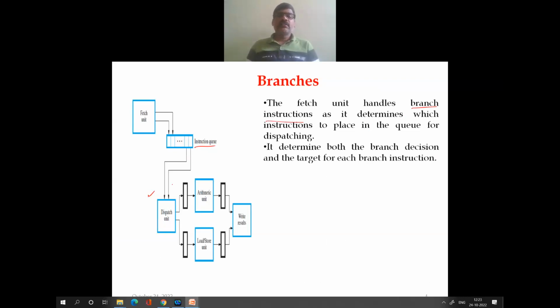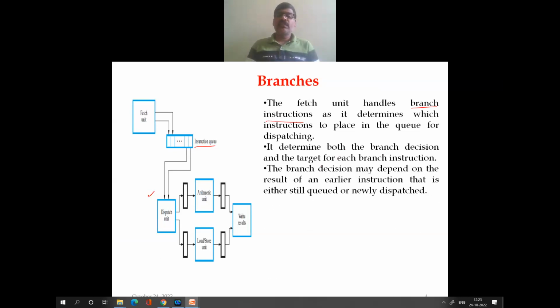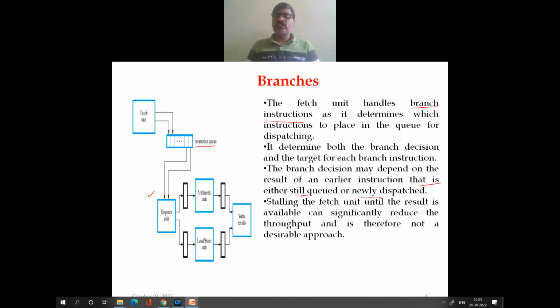The fetch unit will determine both the branch decision and the target address for each branch instruction. The branch decision may depend on the result of an earlier instruction that is either still queued or newly dispatched. Stalling the fetch unit until the result is available can significantly reduce the throughput and is therefore not a desirable approach.